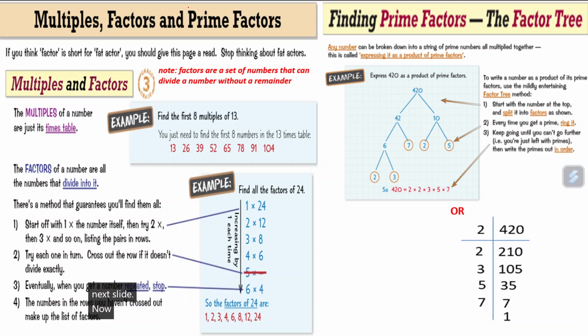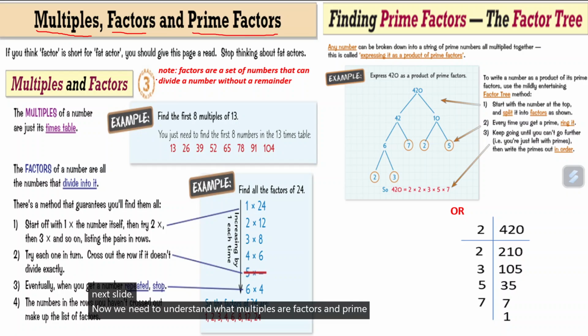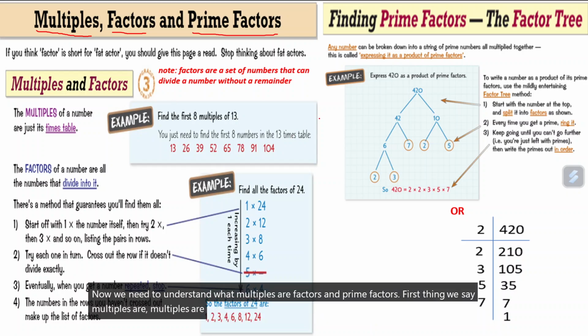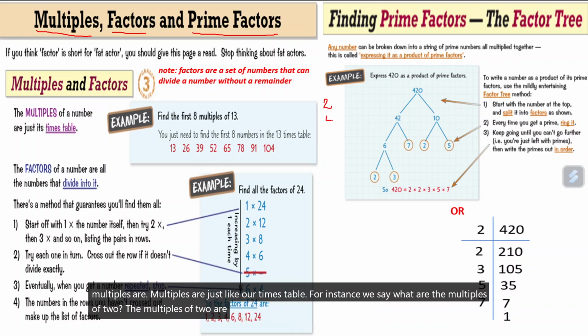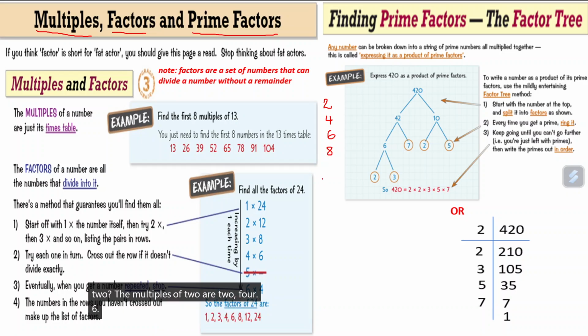Now we need to understand what multiples, factors, and prime factors are. First, multiples are just like our times table. For instance, what are the multiples of 2? The multiples of 2 are 2, 4, 6, 8, 10, 12, 14, 16, and so forth.